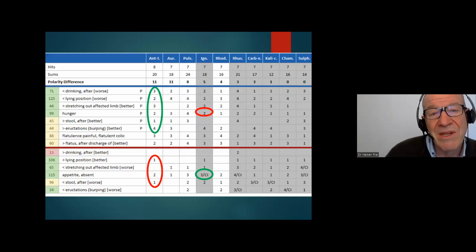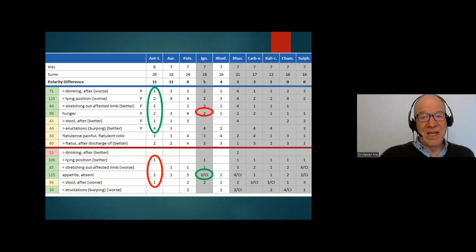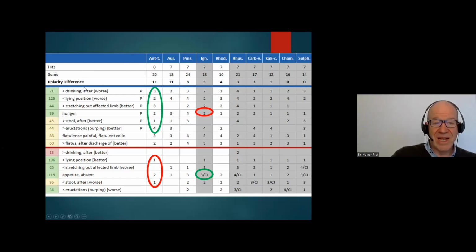So we just enter all these symptoms into our repertory. And now I explain to you what the outcome of this repertory is. Up here we have the remedies that cover the symptoms, the number of symptoms hit in the first line, sum of grades in the second line, and the polarity difference in the third line.